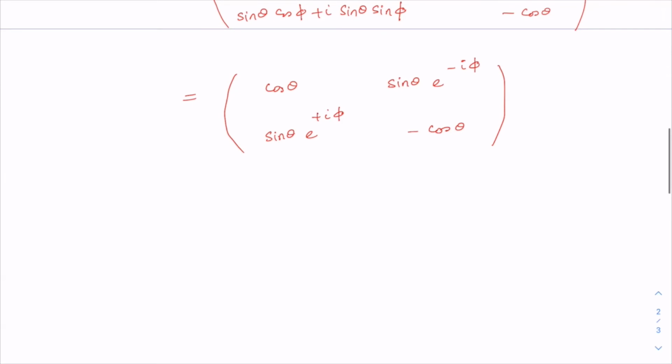Now you can immediately write down the eigenvalues of this Pauli matrix, and if you have followed lecture 2, you know how to calculate them. It would simply be plus minus the square root of cos squared theta plus the modulus squared of the off-diagonal term, which is sine squared theta, and therefore you will have plus minus 1.